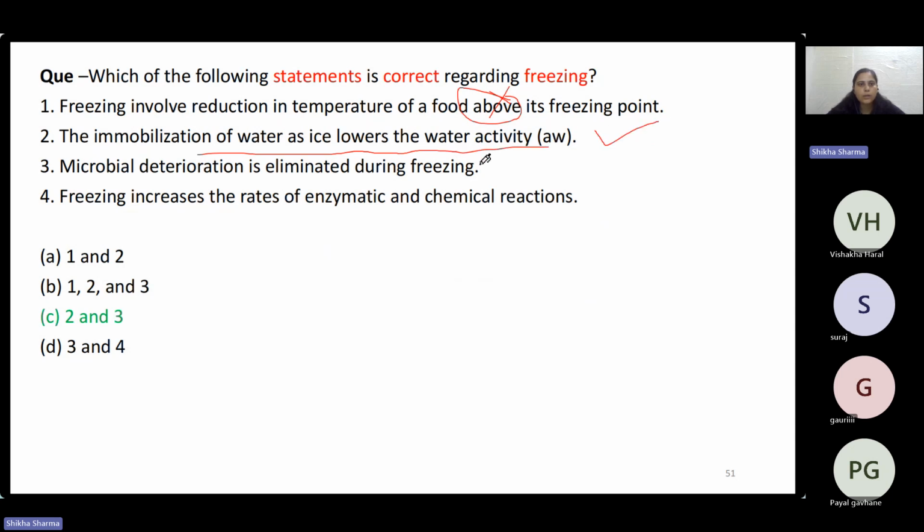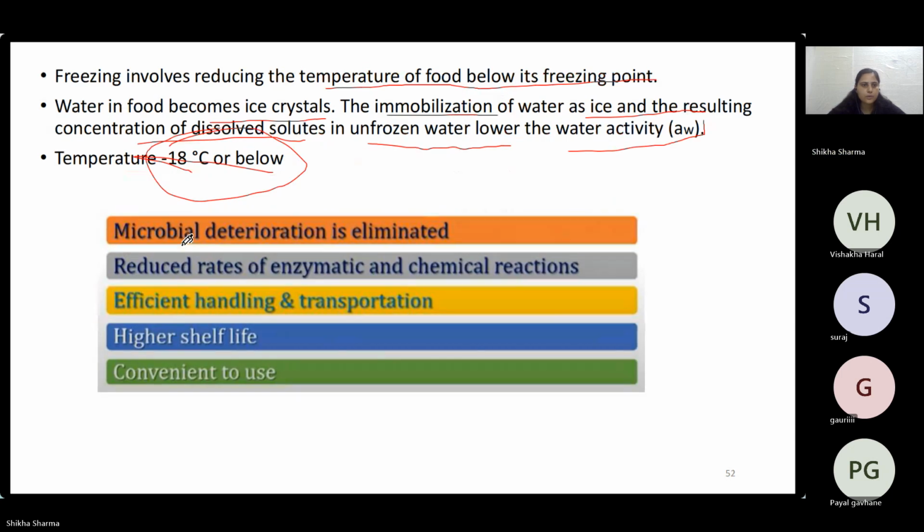And microbial deterioration is eliminated during freezing, obviously, because at minus 18 microorganisms will not be able to grow or carry out regular cell activity. And then freezing increases the rate of enzymatic and chemical reactions. It actually decreases, so it is incorrect.